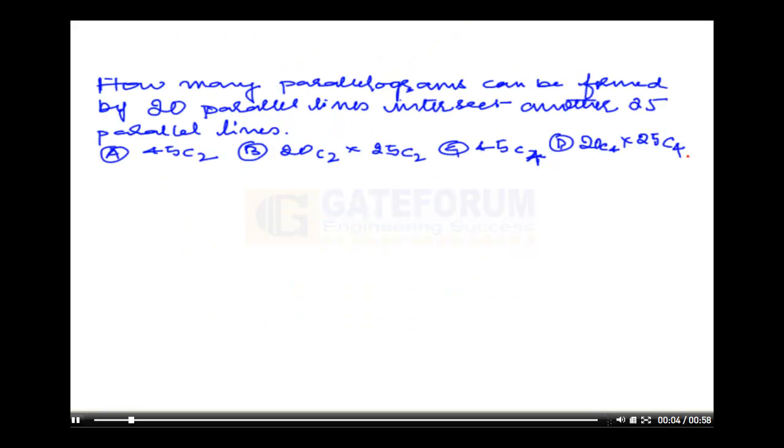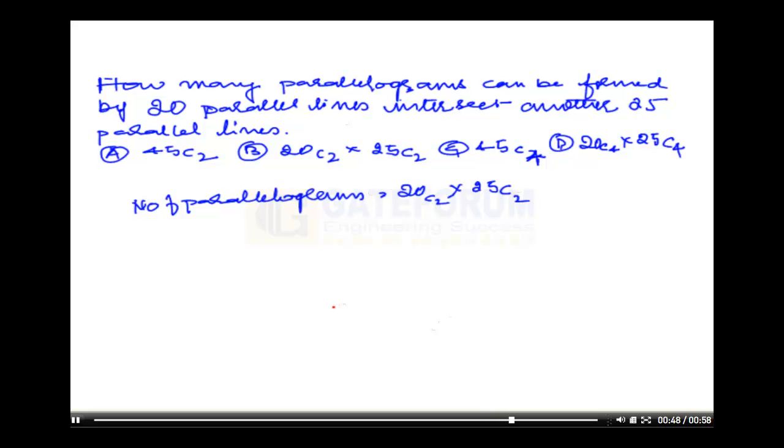Okay. We have to find how many parallelograms can be formed out of 20 parallel lines which intersect with another 25 parallel lines. Now the number of parallelograms that can be formed is equivalent to, out of 20 lines we choose any two, so this will give you all possible pairs of lines, which intersect with all possible pairs of lines out of the given 25 parallel lines.